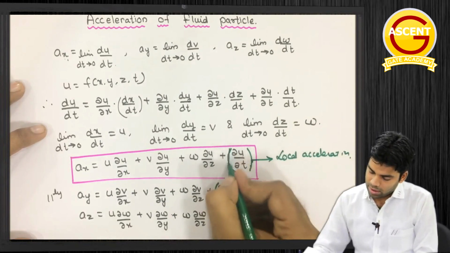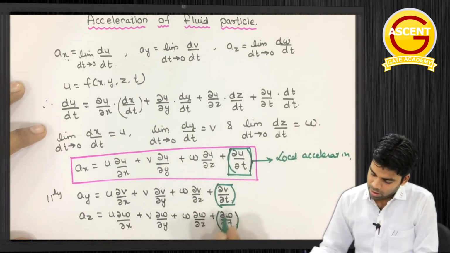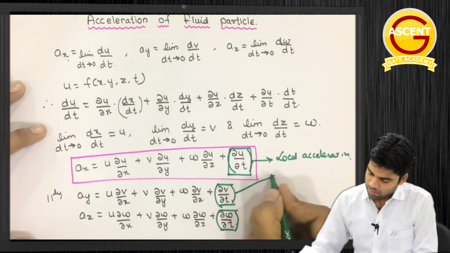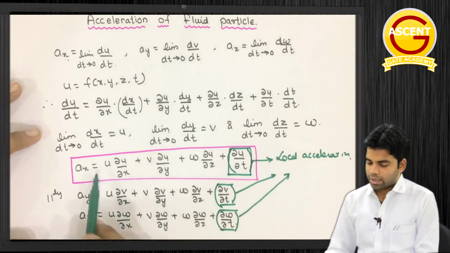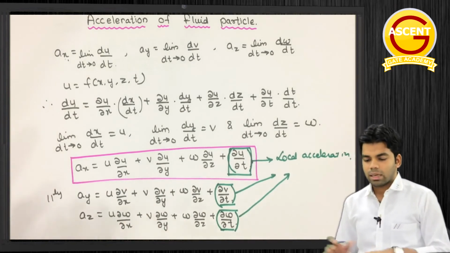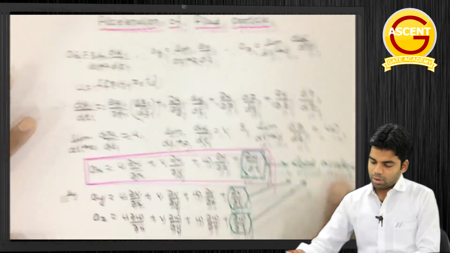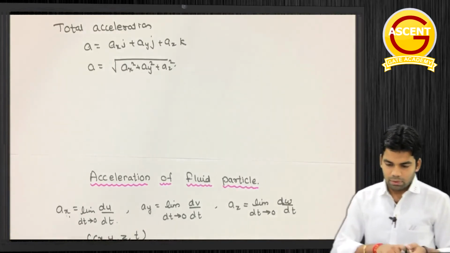And the rest, the change in velocity with respect to space coordinates, is called the convective acceleration. So this is local acceleration, a very important thing.